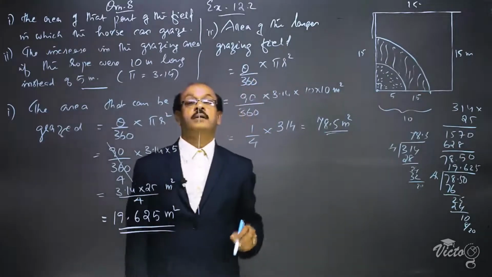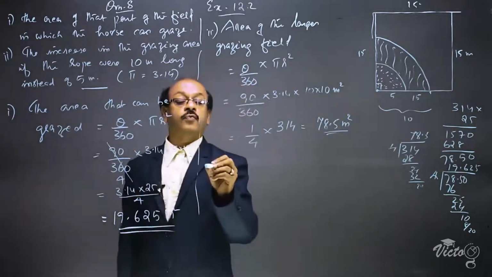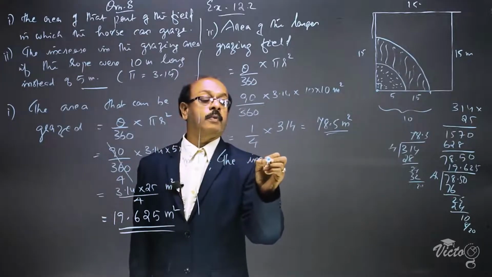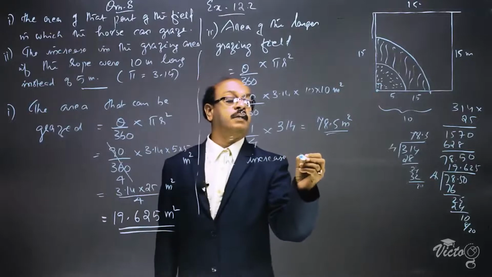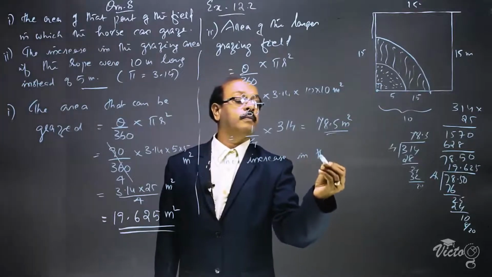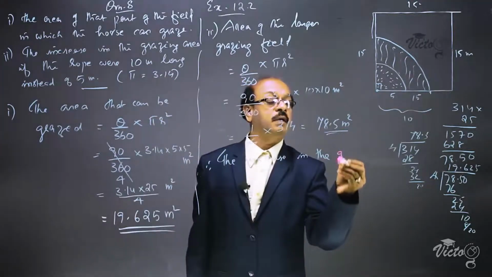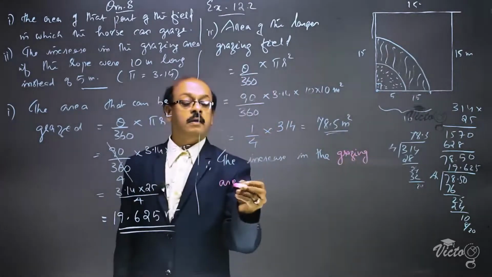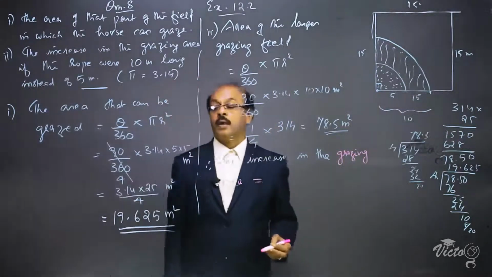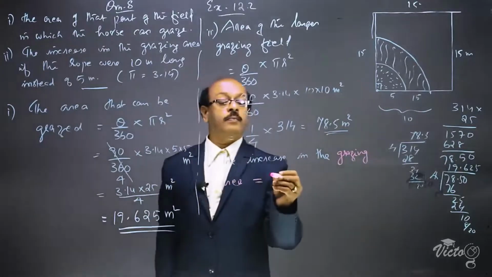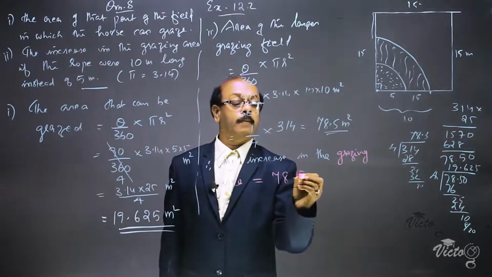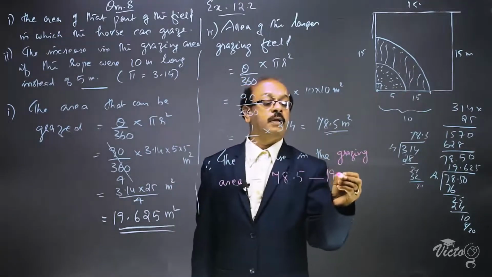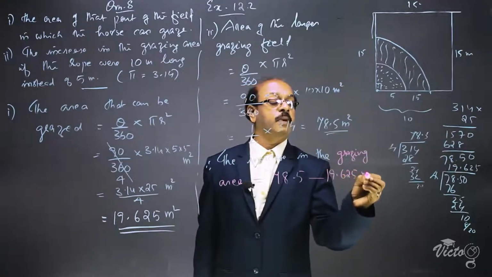So we can find the increase in the grazing area. Therefore, the increase in the grazing area is equal to 78.5 minus 19.625 meter square.